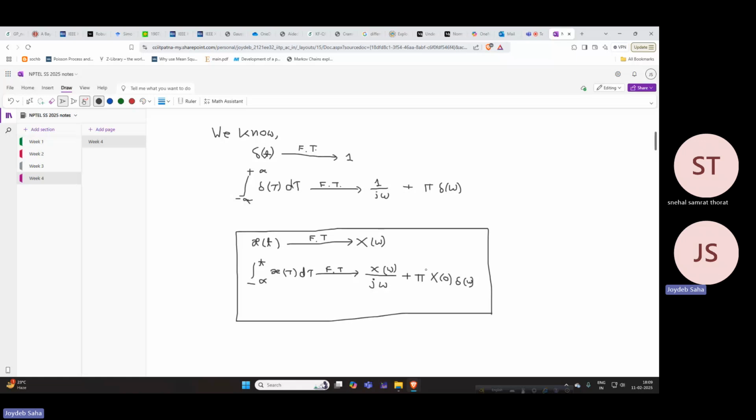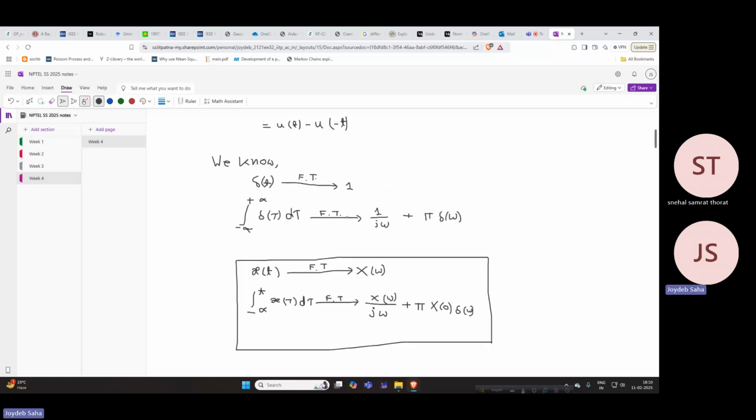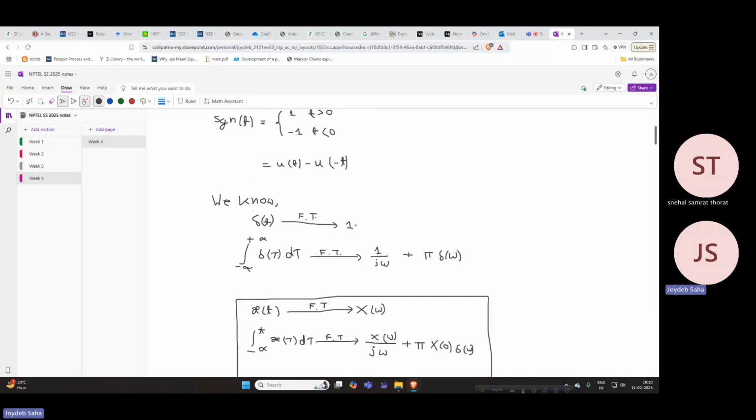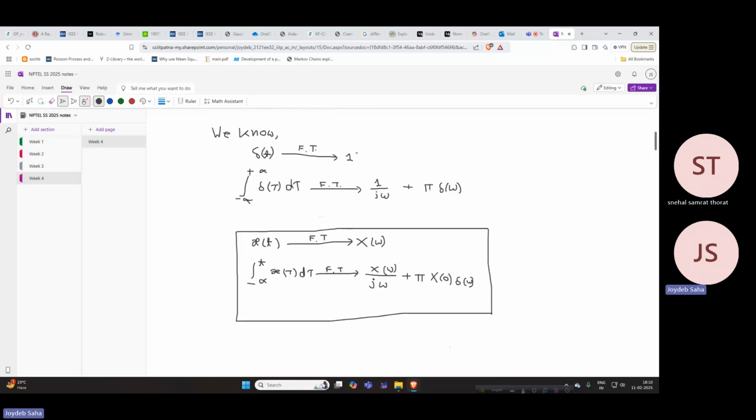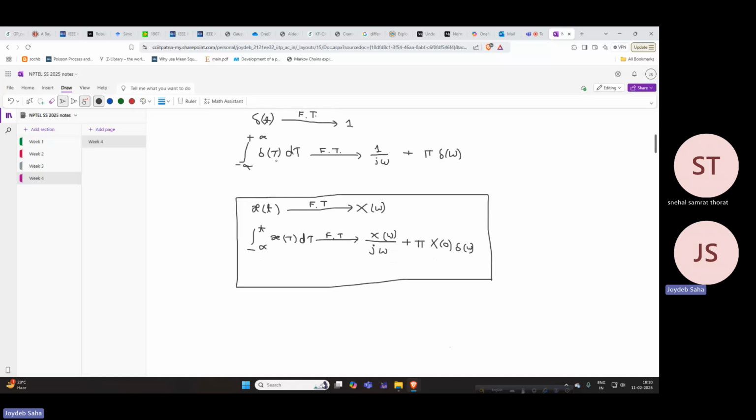Capital X(0) is 1, since X(omega) is 1, and delta omega is delta omega. Fine. So from here we are getting this. Now what is the value of this? This is u(t).